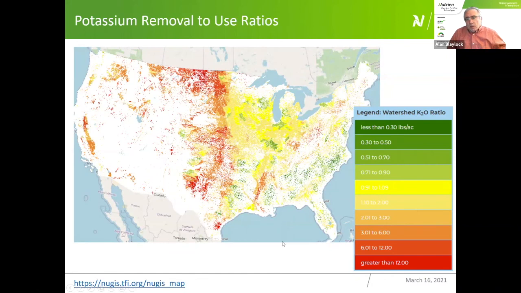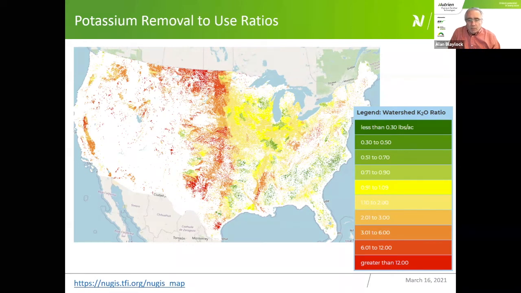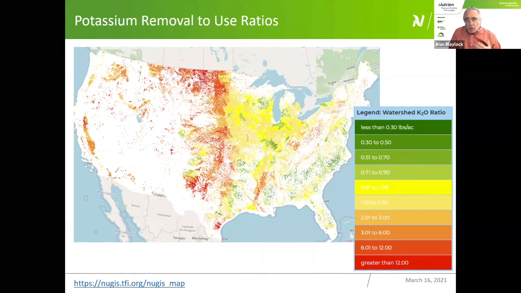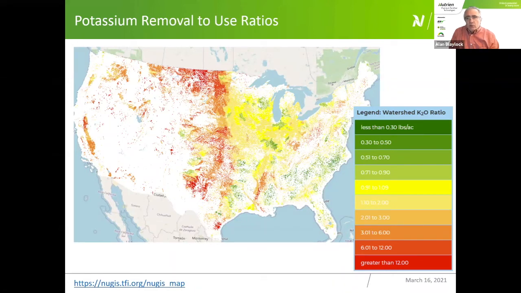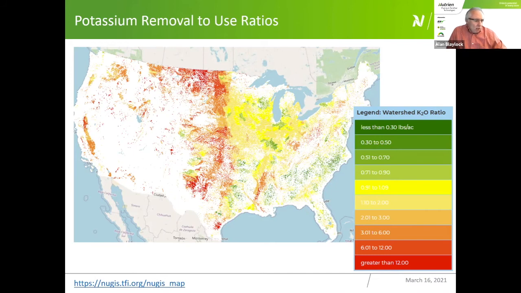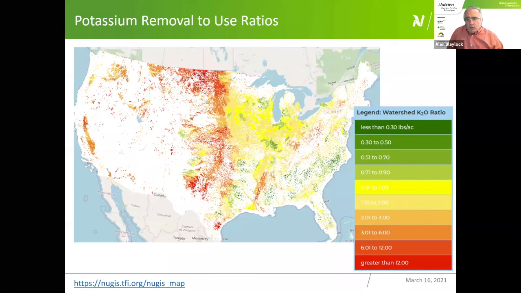So this is again the kind of data that was cited in that potassium paper on human nutrition. And so we can look across the country, and there are quite a few areas where potassium removal is exceeding use and the soil tests are declining. So in the case of this particular paper, they traced that all the way down to the human nutrition component. So that's important to note.